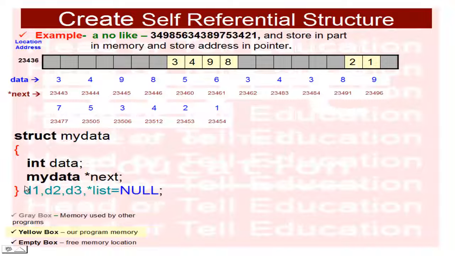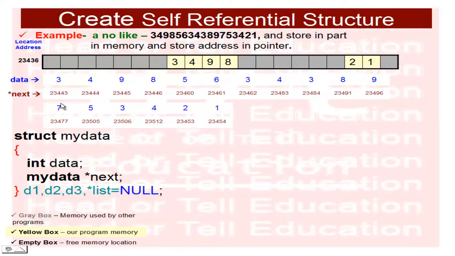If I create outside variables like d1, d2, d3 and a pointer list equal to null, these are outside variables, but all of them have the my data pointer next available. So this is called a self-referential structure.